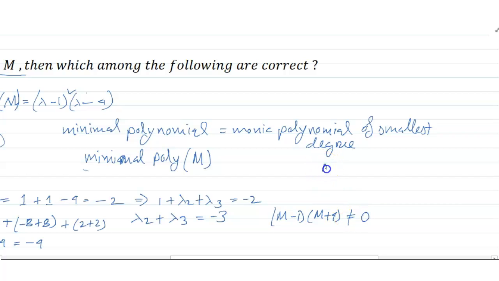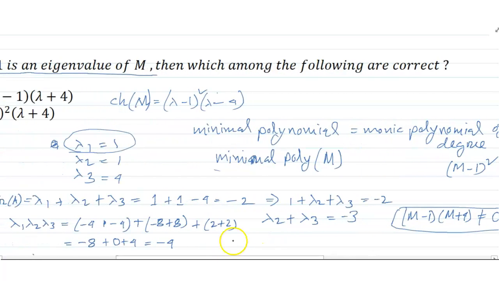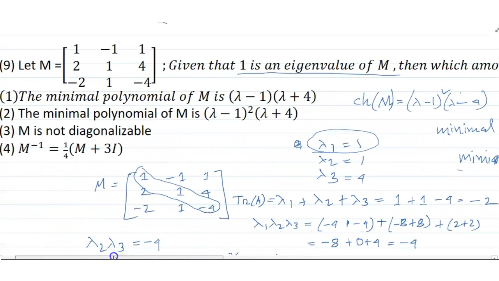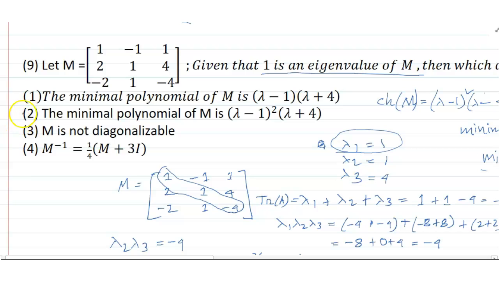So only one possibility, that M minus 1 whole square into M plus 4 equals to 0. You will check this portion, as the time is very short, so I can't teach the total calculation. However, calculation is a very important part. So whatever I get, number 2 is correct and number 1 is wrong.